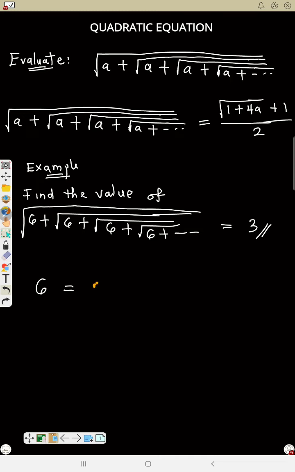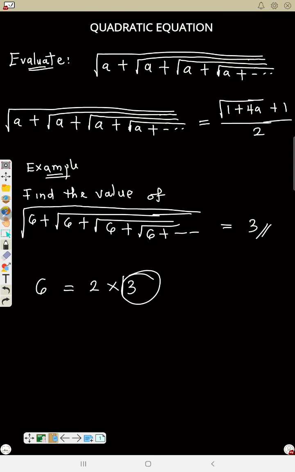So this is the same thing as 2 times 3, because 2 and 3 are consecutive integers. If you can change 6 to that form, then pick the largest number, and that largest number is the answer. So that means the square root of 6 plus square root of 6 plus square root of 6 is equal to 3.